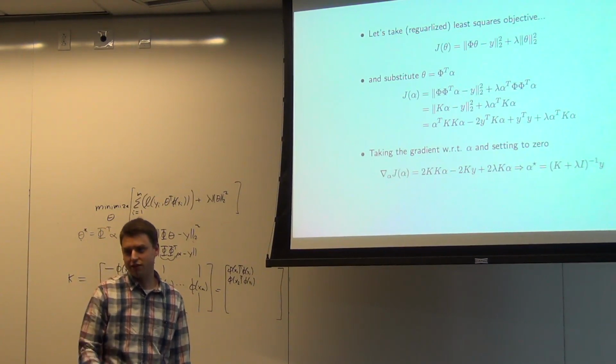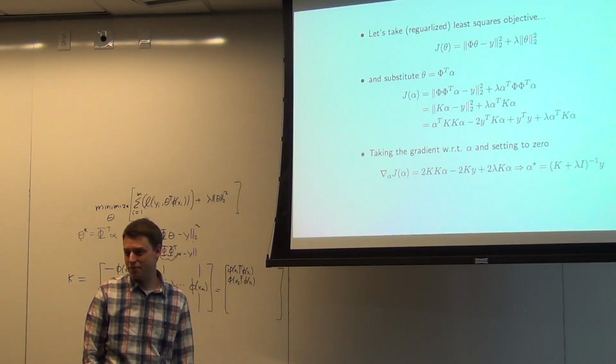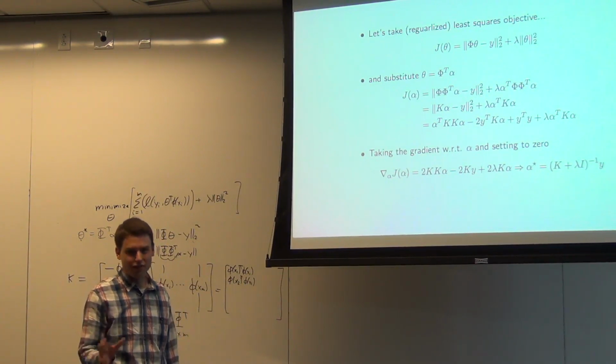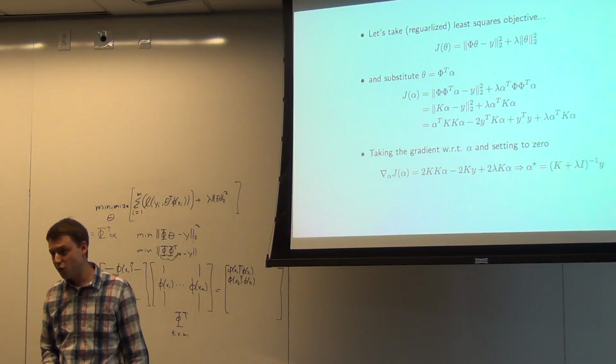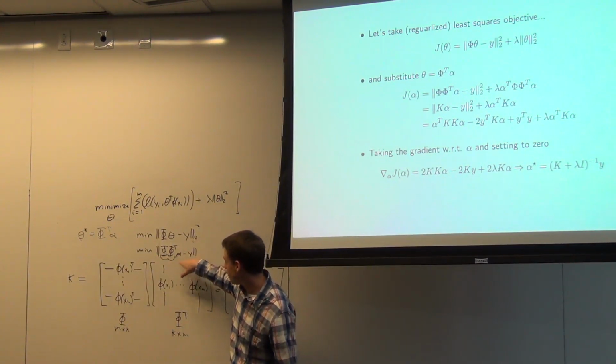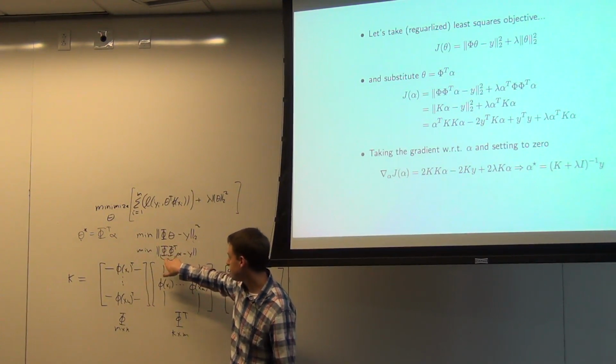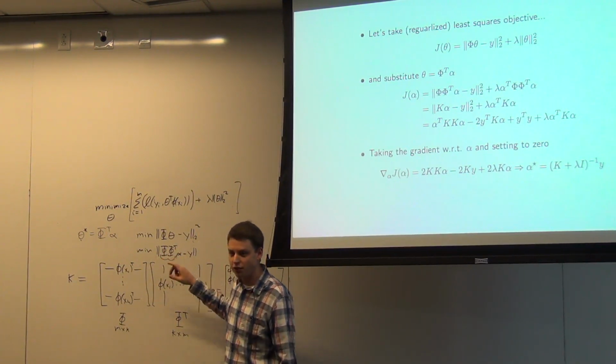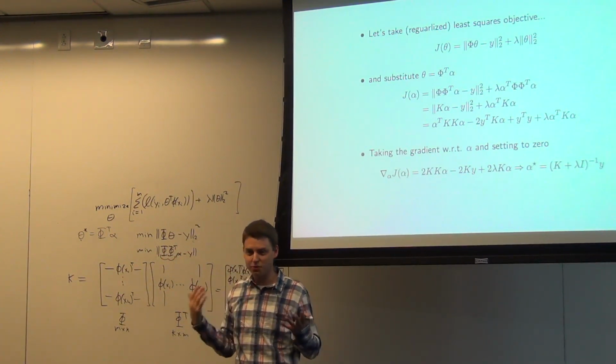I'll do this again next time in class, because it's worth going over twice. This is sort of the trick: we've taken these big matrices, but because this is equal to k, we've removed anything from our optimization problem that's too big.